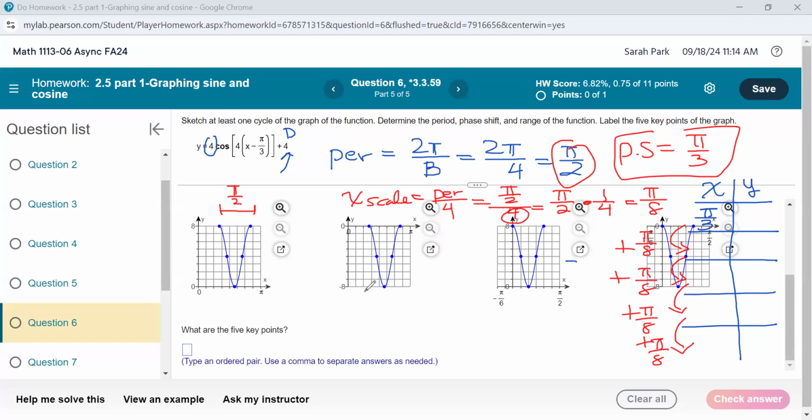So if we do pi over 3, we're going to add pi over 8. The common denominator here is, let's see, 24. So I'm going to make it into 24ths. So I need to multiply this by 3. And so I get 8 pi over 24 plus 3 pi over 24.